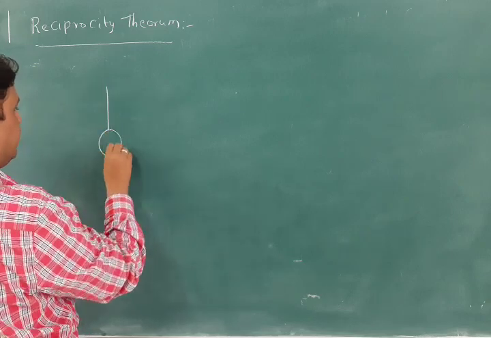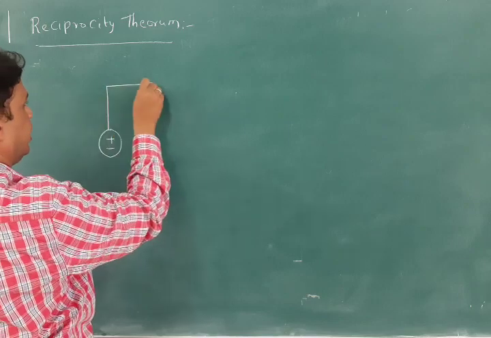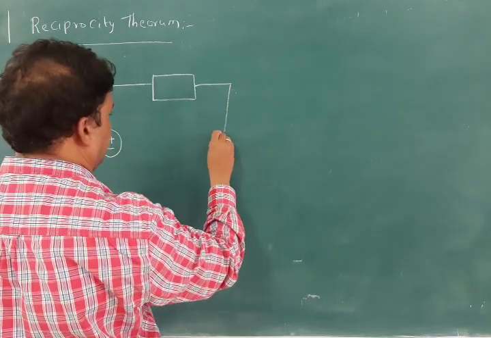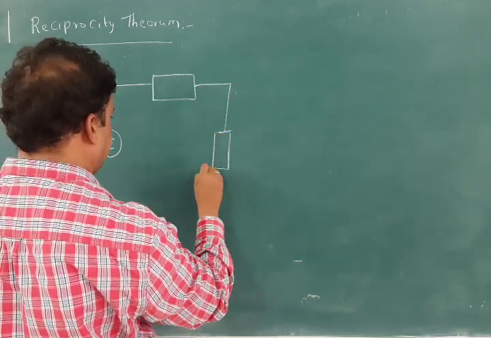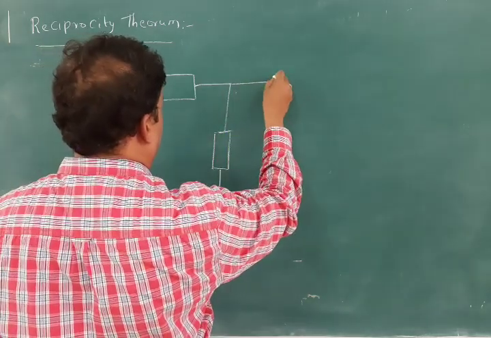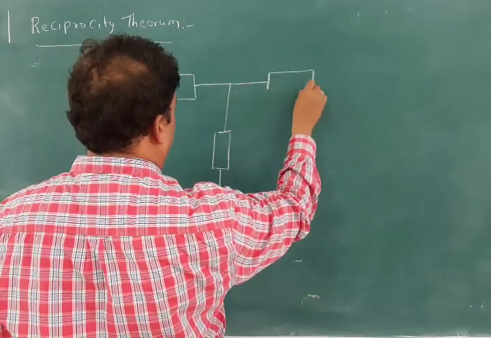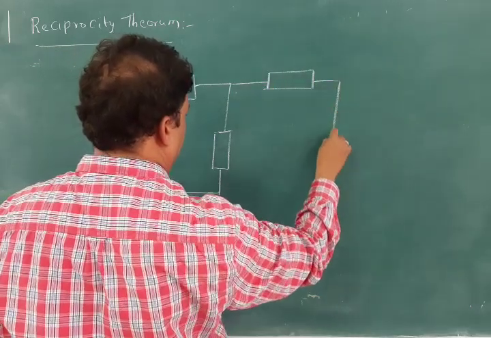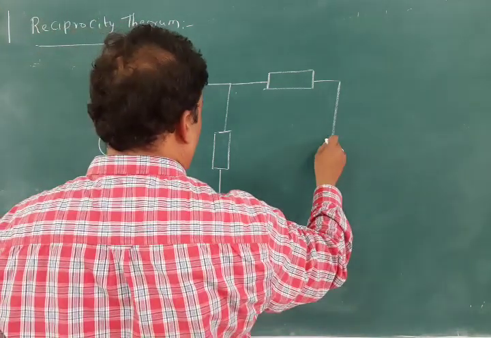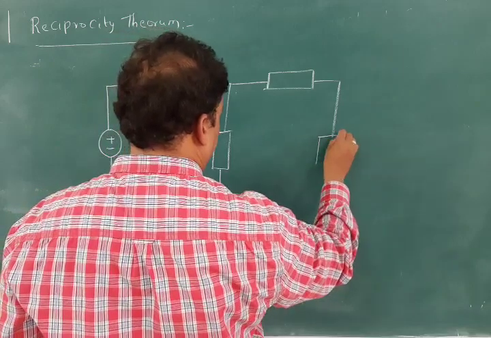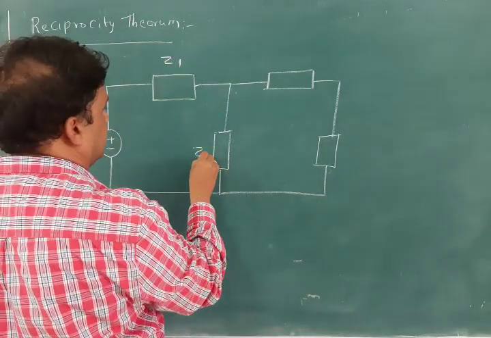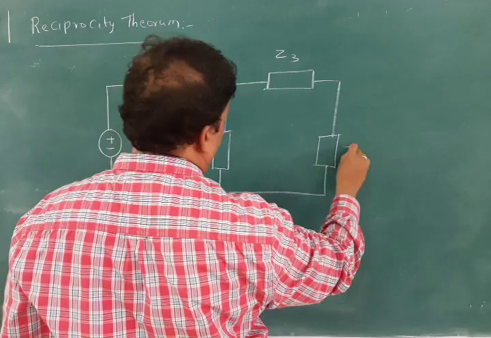If you draw a voltage source here, plus minus, and here you have an impedance, and one more impedance, and you can draw one more impedance here: Z1, Z2, Z3 and Z4.